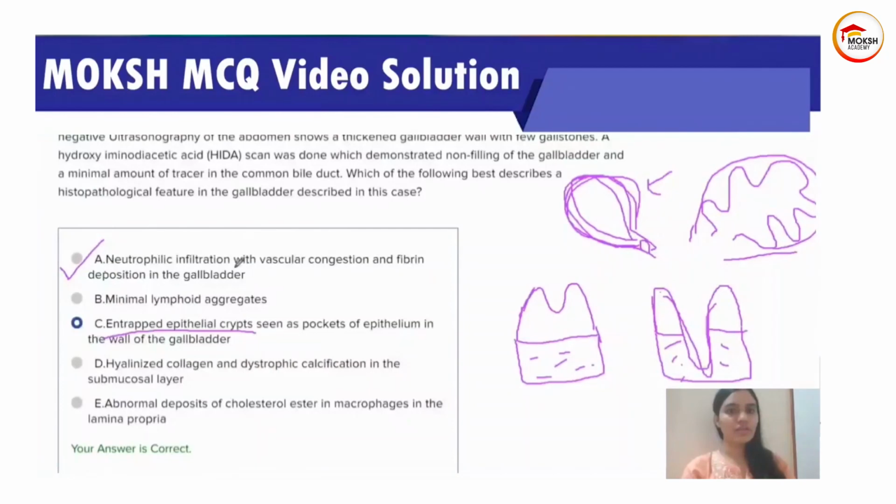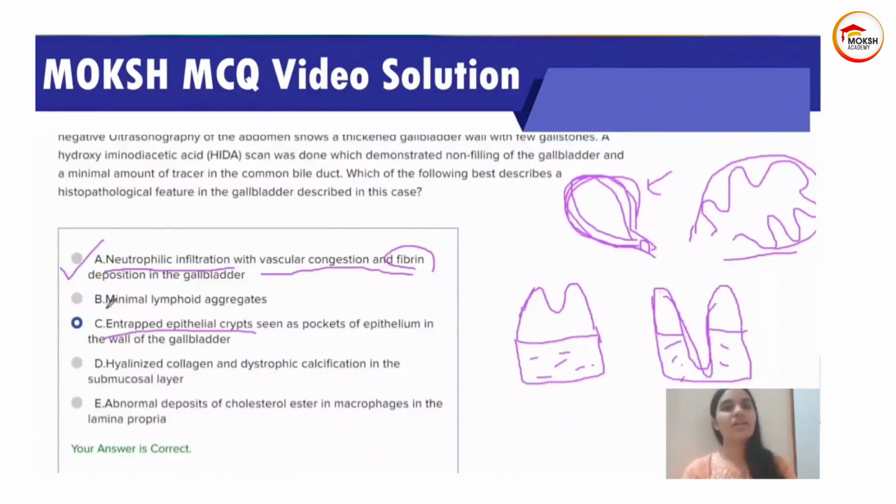Inflammation will cause neutrophilic infiltration, because of the vascular congestion, and eventually, if you remember the stages of healing, there will be fibrin deposition subsequently, right? So this is a description of acute cholecystitis, which is not seen here, because the patient has had on and off pain since the past 2 years. So it is a case of chronic cholecystitis.